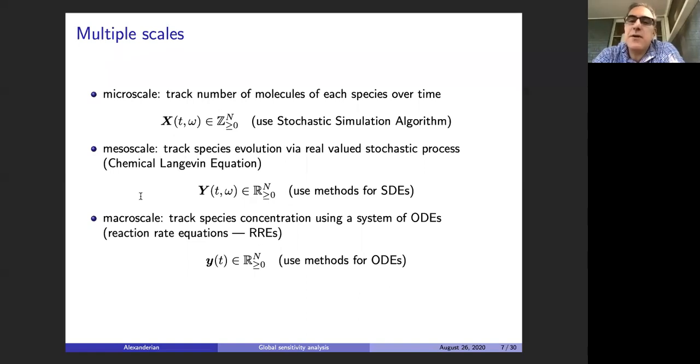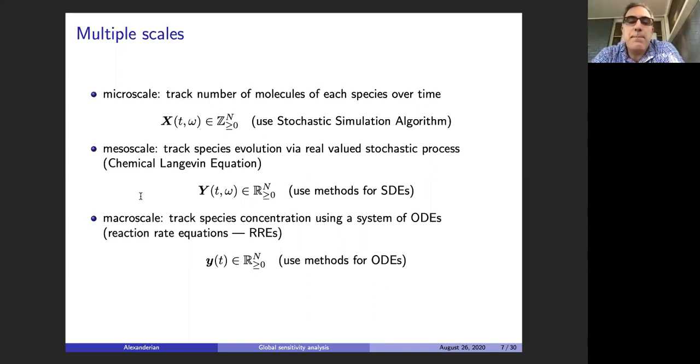There are algorithms for it: stochastic simulation algorithm, next reaction method, random time change. You can also consider an approximation to the stochastic model provided by the mesoscale model, for example the chemical Langevin equation, where you use a real-valued stochastic process. And you have to solve some SDEs, stochastic differential equations.